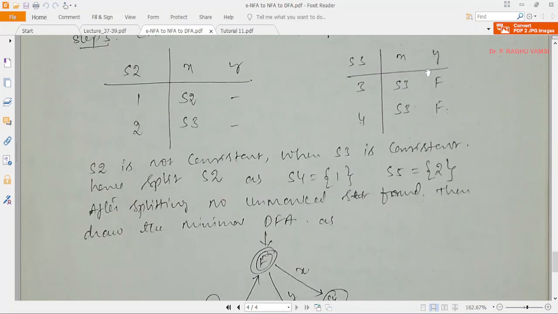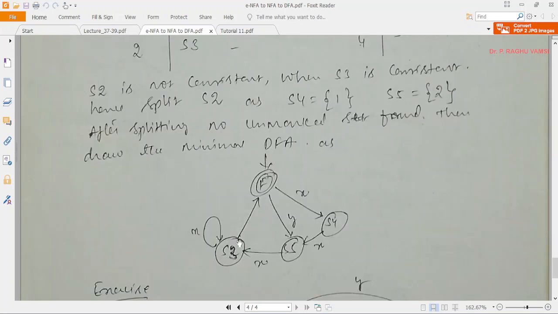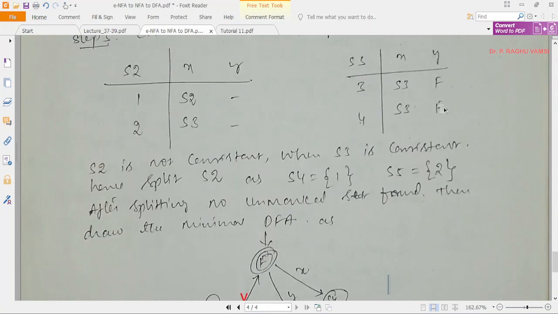Upon S3, if you provide Y as the input, then it goes into the final state. So S3 on Y results into the final state.